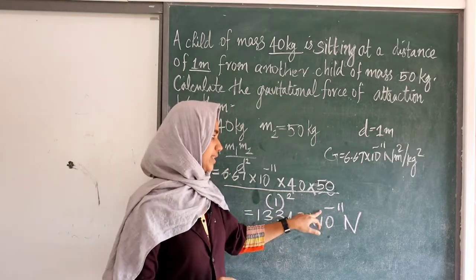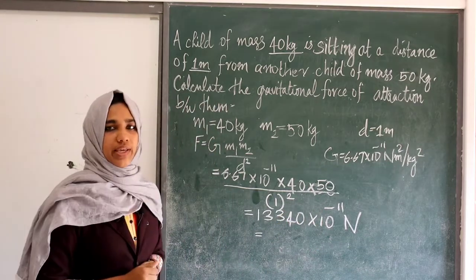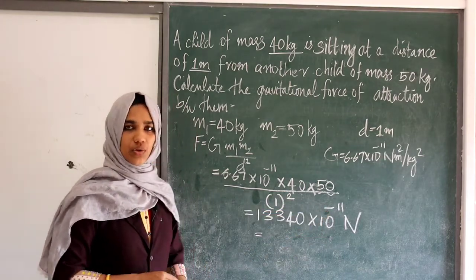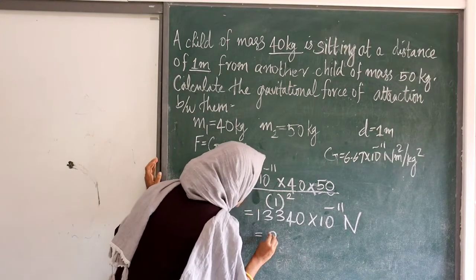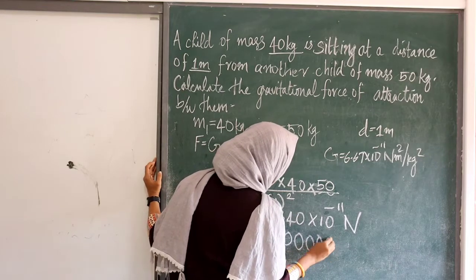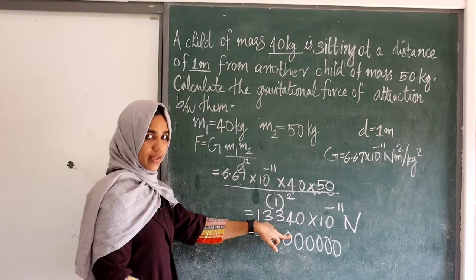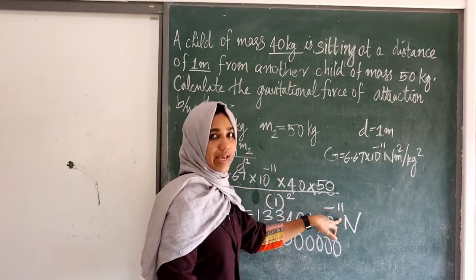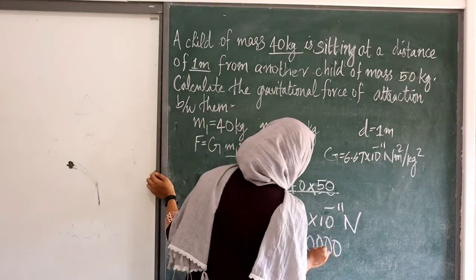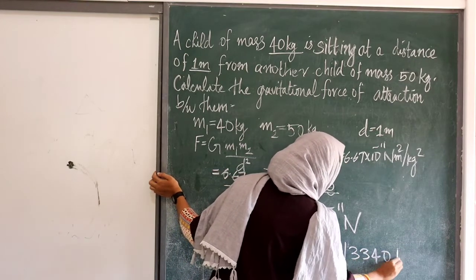So here you can see, we can write this 10 raised to minus 11 as 1 by 10 raised to 11. Here after the decimal point there are 11 digits, and here you can see 5 digits. After the decimal point there are 11 numbers, so we can write it like this.